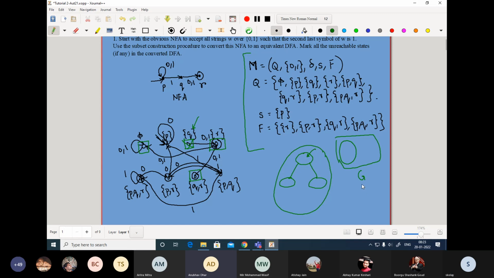Ma'am, it need not be a tree, ma'am. It can be a DAG also, right? It can be a directed acyclic graph. Yes, each of the components is a directed acyclic graph. You're talking about the condensation graph, right?